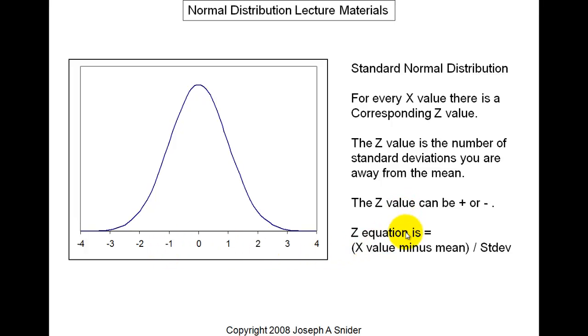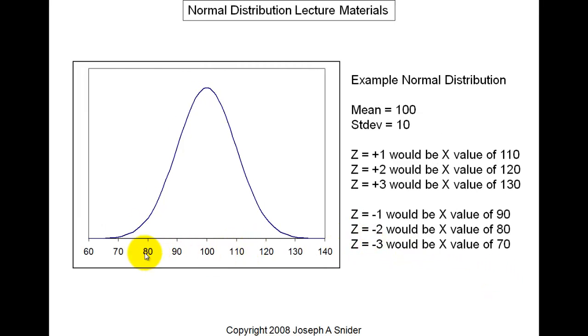The z equation is the distance from the mean, which is x value minus the mean, divided by the standard deviation. So you have this meaning the number of standard deviations that distance is away from the mean. This next page shows what the corresponding x values would look like. You see 100 was the mean.